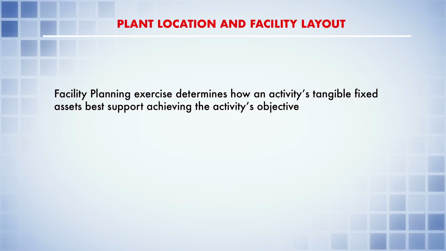First, we have to understand what is facility planning. Basically, facility planning exercise determines how an activity, tangible fixed asset best support the activity objective. Now, if I give you an example, my room where I am sitting, my library, my cafeteria, all come under facility planning.